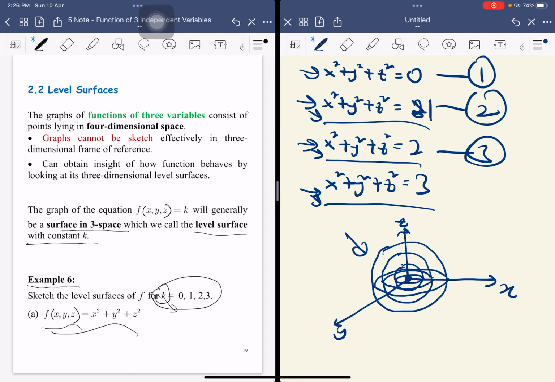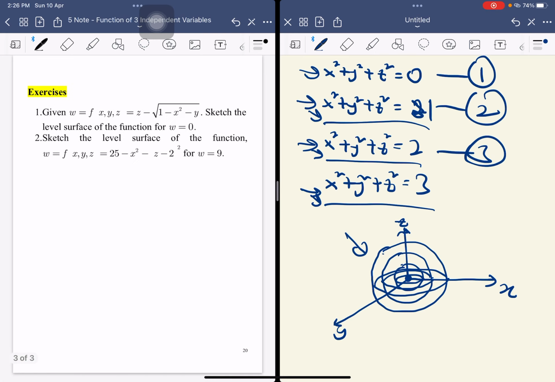But if the given equation is not as simple as what we think, you must start with traces for every level surface, and then you combine them. So it's a little bit messy to sketch. Normally we will cap it at certain values only, like what I give you in the exercise, for example. They give you W equal to this function.